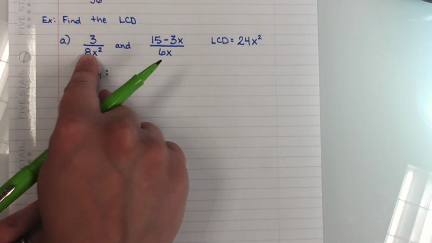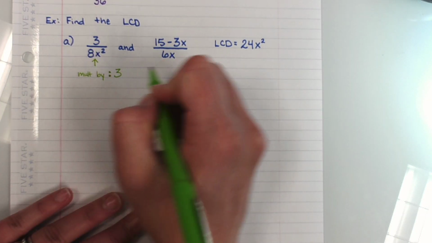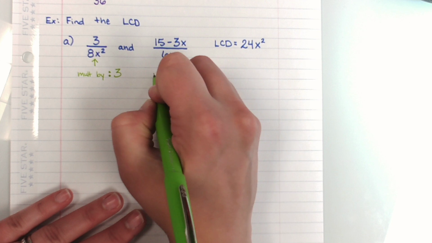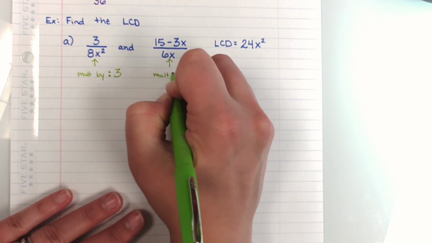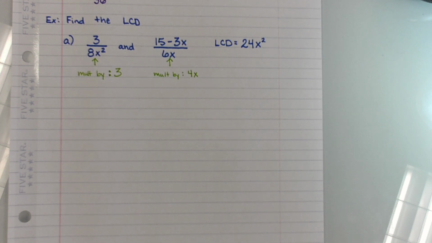What do you multiply by 8x squared to get 24x squared? 3. What about this one? 4x. And if you multiply the bottom of the fraction, you also have to do what? Multiply the top of the fraction, because technically you're multiplying by a fancy version of 1.